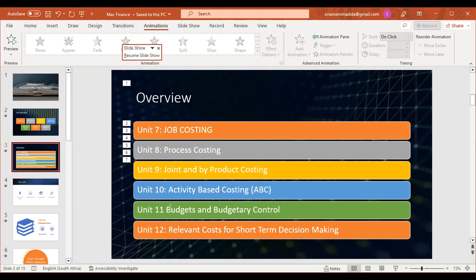Then our unit 11, budgets and budgetary controls. Then we have got unit 12, relevant costs for short-term decision making. These are our topics, guys. You can see that we are fully loaded. We have got a lot to do.